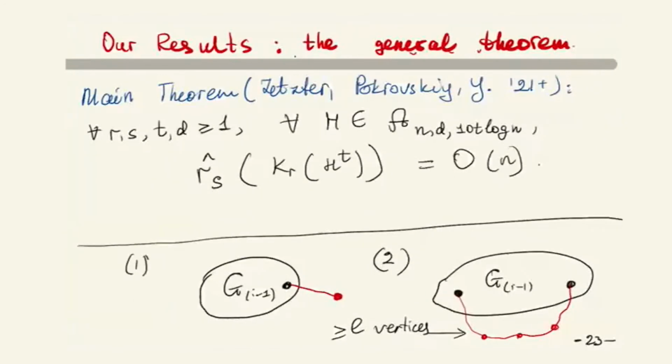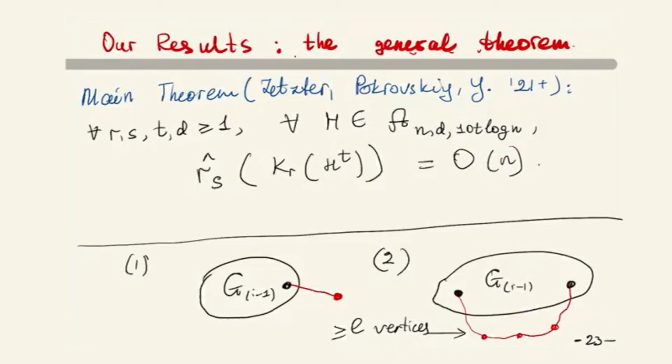So what we show is that for any graph H in this family, where I request that the number of inner vertices when doing the second operation is at least some constant times log n, then if you take any power of such a graph, H to the T, and take R-cliques of this graph, their size Ramsey number is linear.